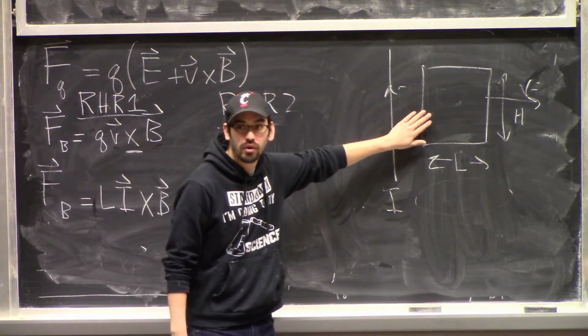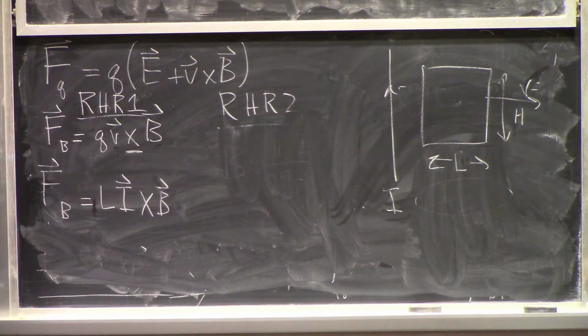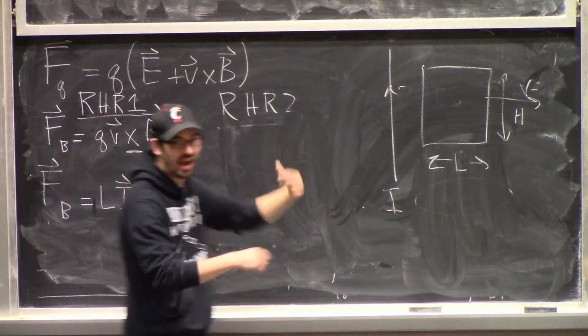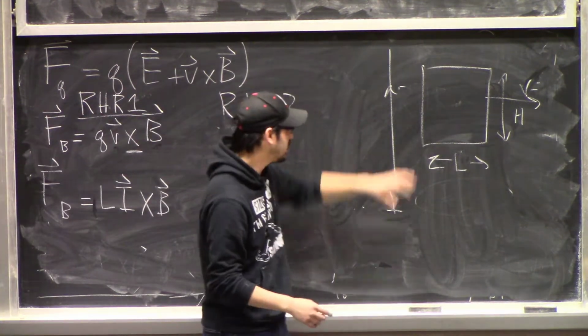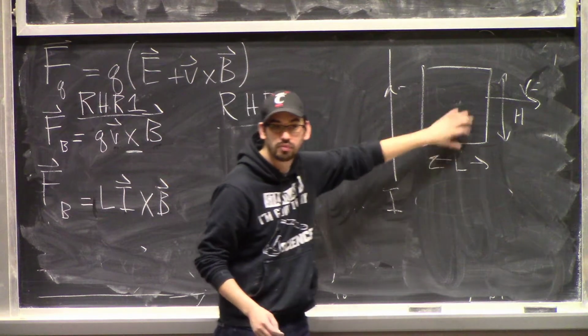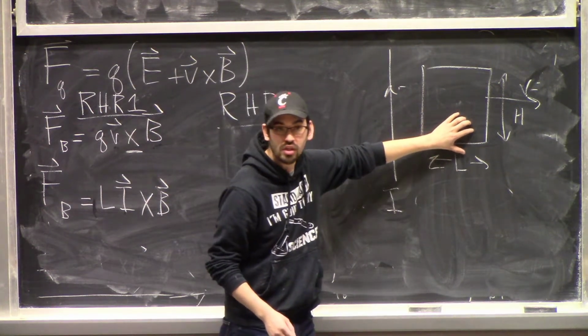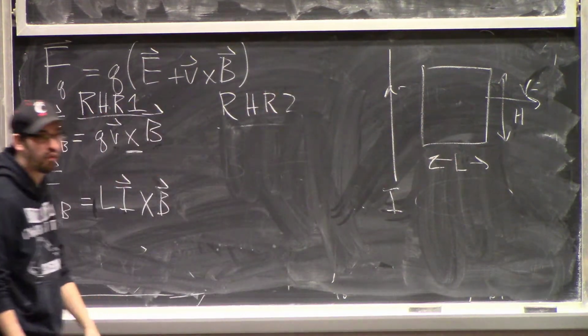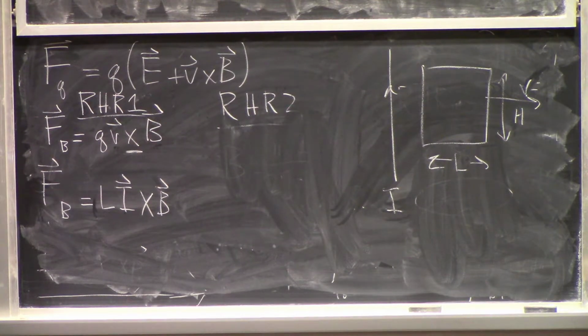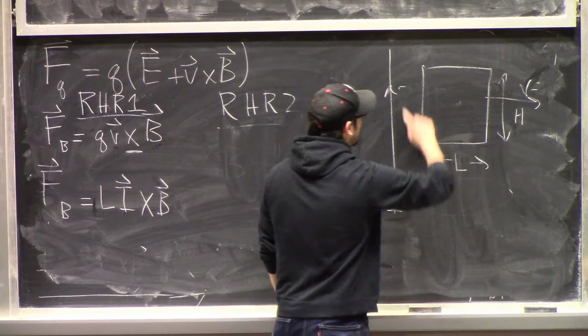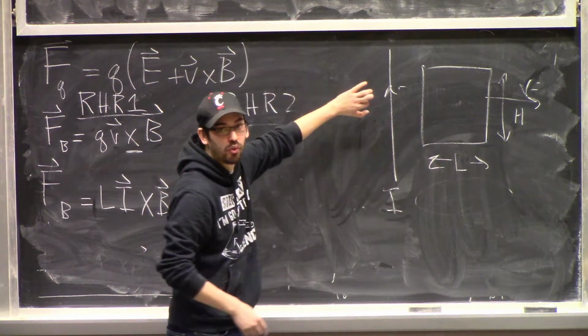Now, the thing that you need to be really careful of with these kinds of problems is we really have two magnetic fields, right? We have one that's produced by the wire and one that's produced by the loop. You need to make sure that when you're trying to find the force acting on this loop, you're using the current in the loop and the magnetic field produced by the wire.